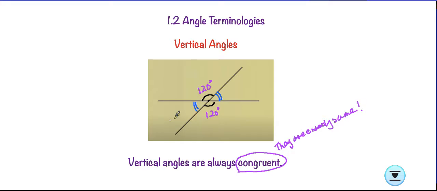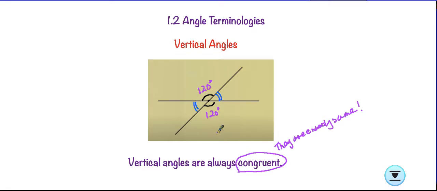In geometry, when we talk about two identical shapes, this kind of relation, we use the word congruent to show they are exactly the same. So that's the first type of angle. Not really a type of angle, it's a relation of two angles. If they are formed by two intersecting lines, the angles on the opposite position are called vertical angles.